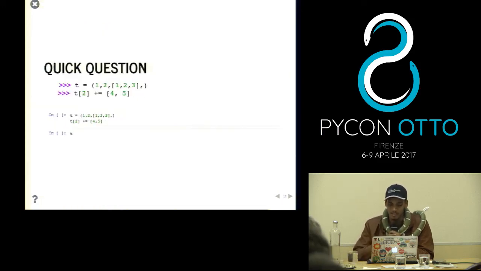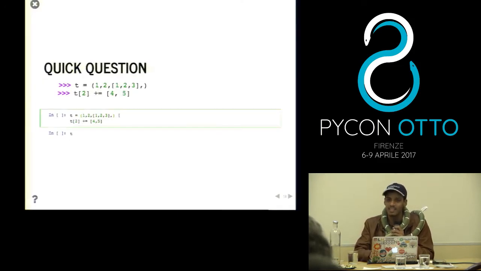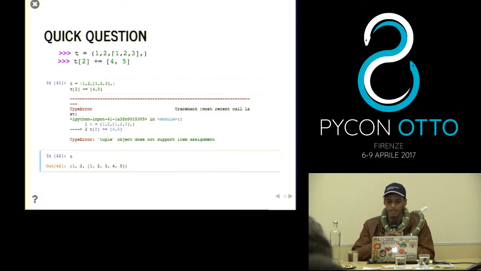This is probably a really famous question. When you have a tuple, we know that tuples are immutable. And if you try to do something like this, it will definitely give you an error, which is a TypeError, which is correct. But what do you think happened to the tuple?